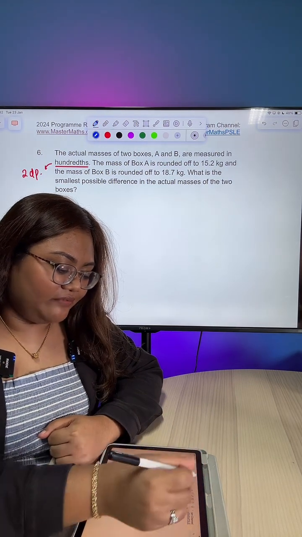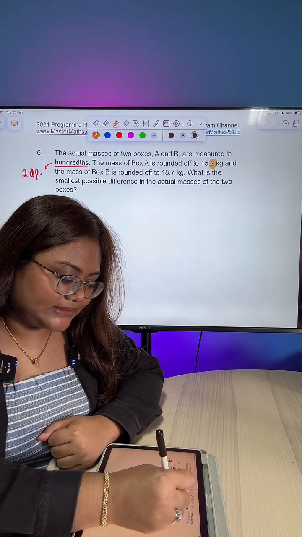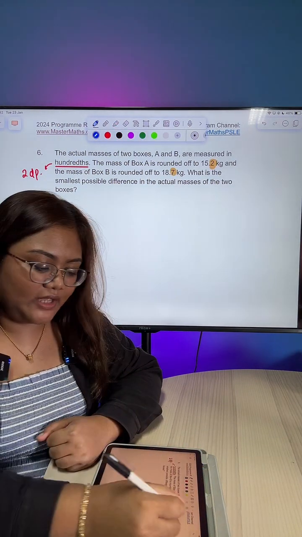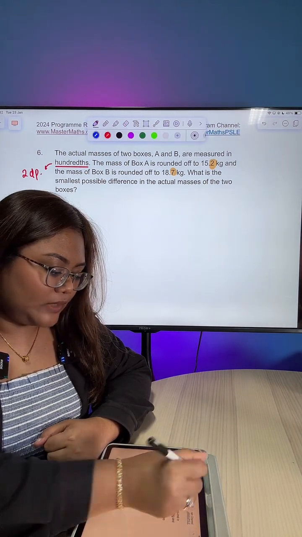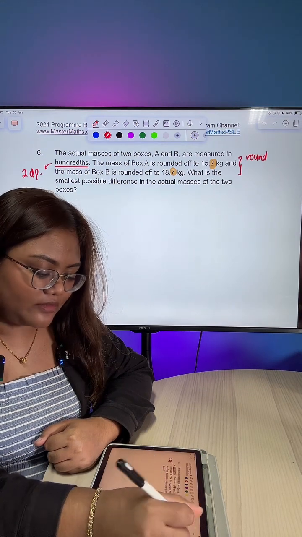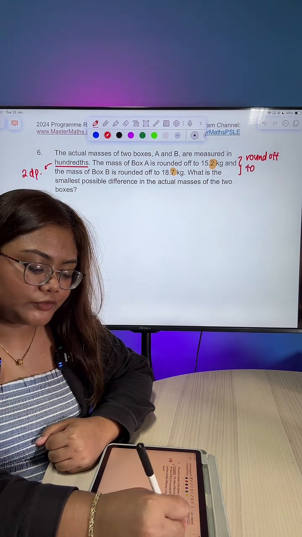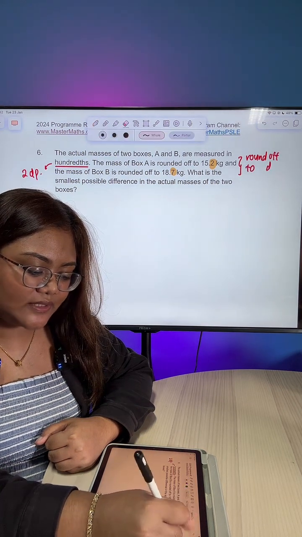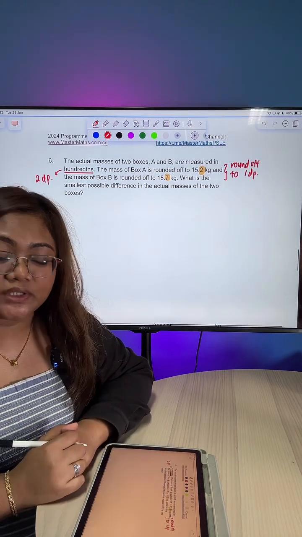Now suddenly after I round off, I get 15.2, which is just 1 decimal place. From 2 dp, I round off, I get 1 dp. So I am rounding to the nearest tenth. Means I'm rounding off to 1 decimal place. This is what we are doing.